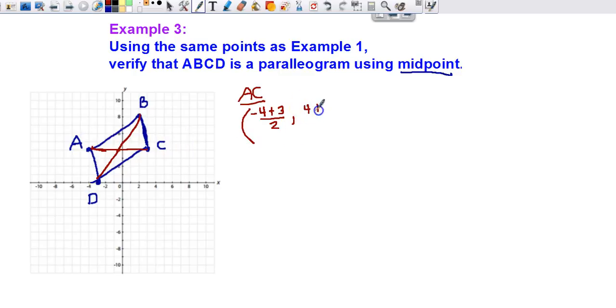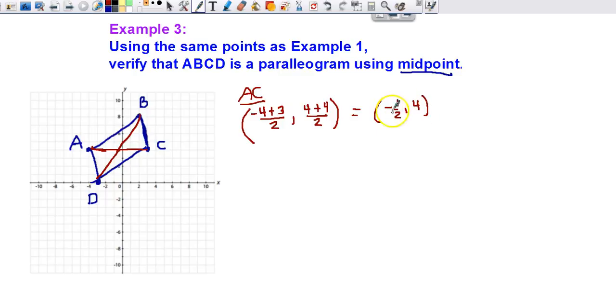Well, what is the average of the same number? That's that number. So 8 divided by 2 is 4. Negative 4 plus 3 divided by 2 is negative 1 divided by 2, which is negative 1/2. And 8 divided by 2 is 4.